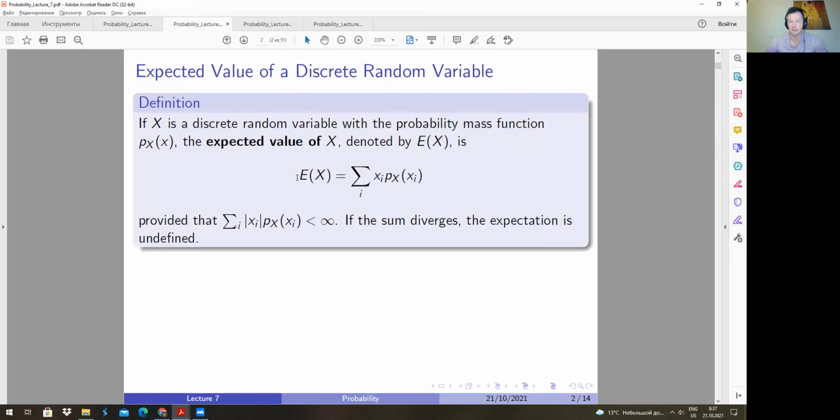We take each possible value of our discrete random variable, we multiply it by the associated probability, and then we sum over all of them. It's something like a weighted average, but we call this expected value because we are speaking about a random variable. That's why we need to use some special terminology. But conceptually, this is the weighted average.